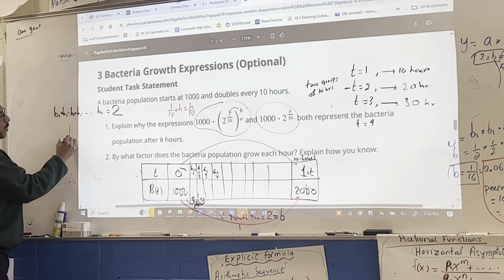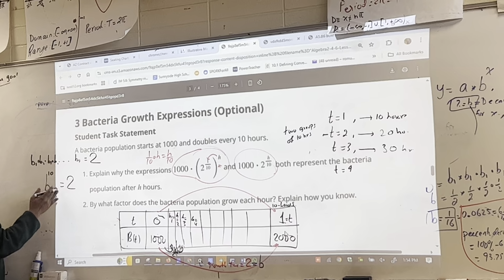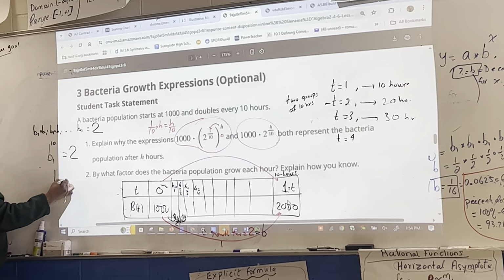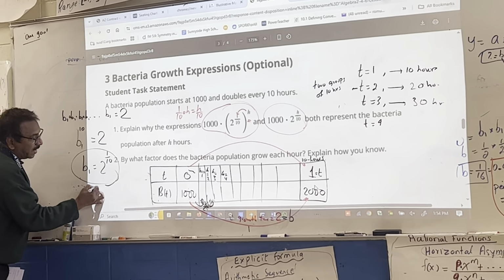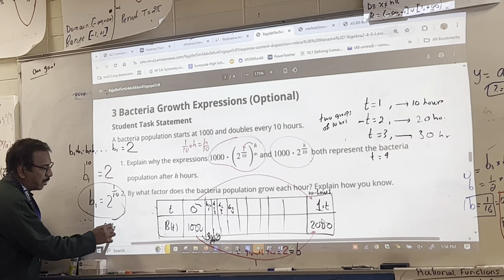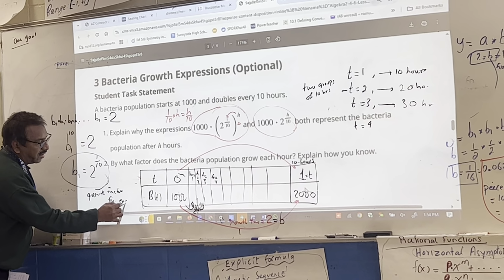So 10 of these pieces gives you 2. And if you use your radical formula, taking the 1/10 power, B1 is 2 raised to 1/10. So this is the growth factor for each hour.